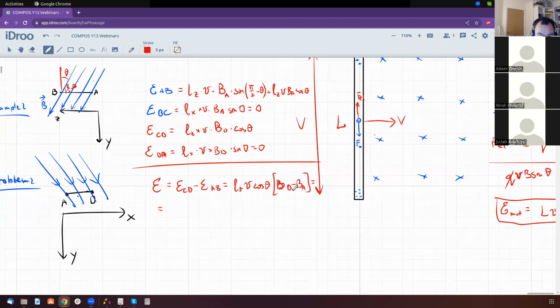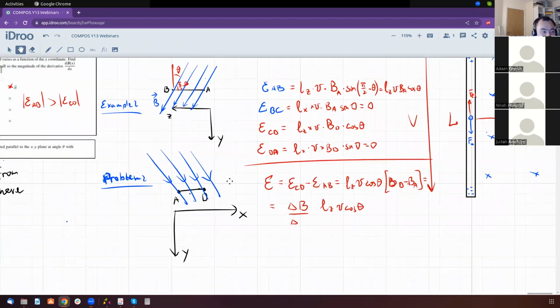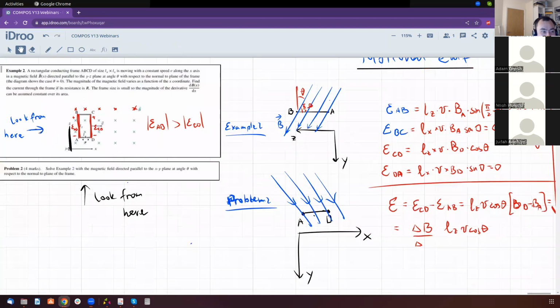So that's the change in B times LZ V cos theta. And we divide this by delta X, by the length, by delta X, which is AD.